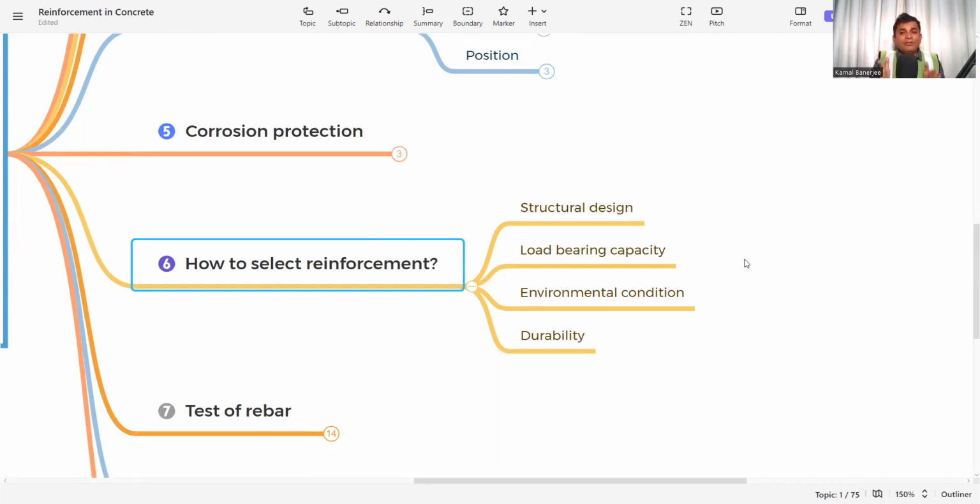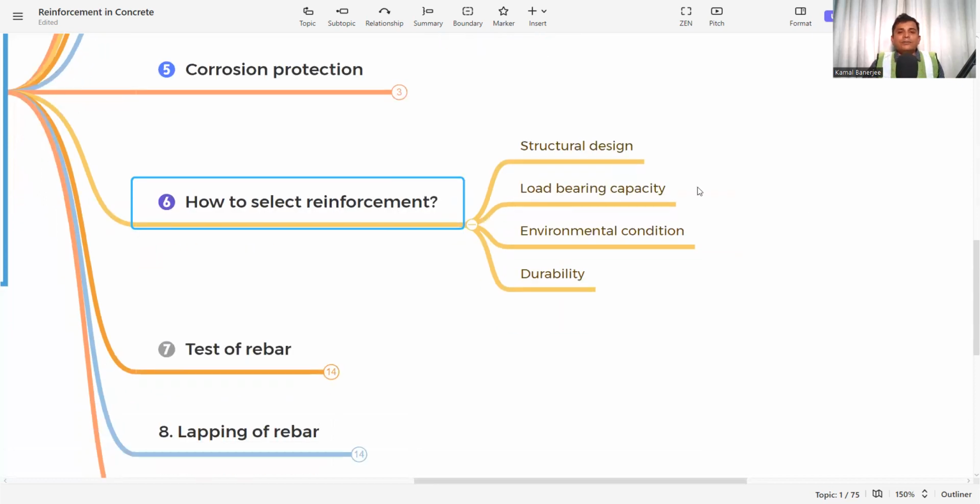All these factors have to be considered whenever we are designing and placing the reinforcement into the concrete. In these things, we need to select the diameter of the bar, the spacing of the bar, and the location of the bar. So these are the selection properties for the reinforcement.